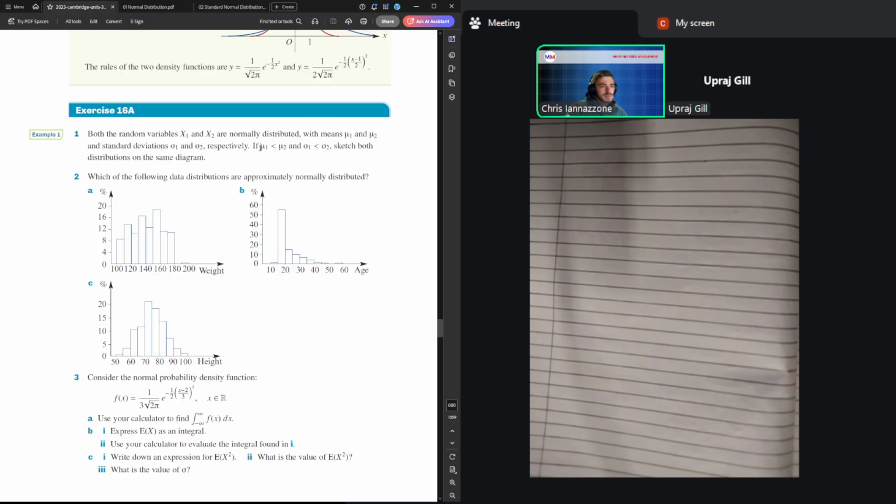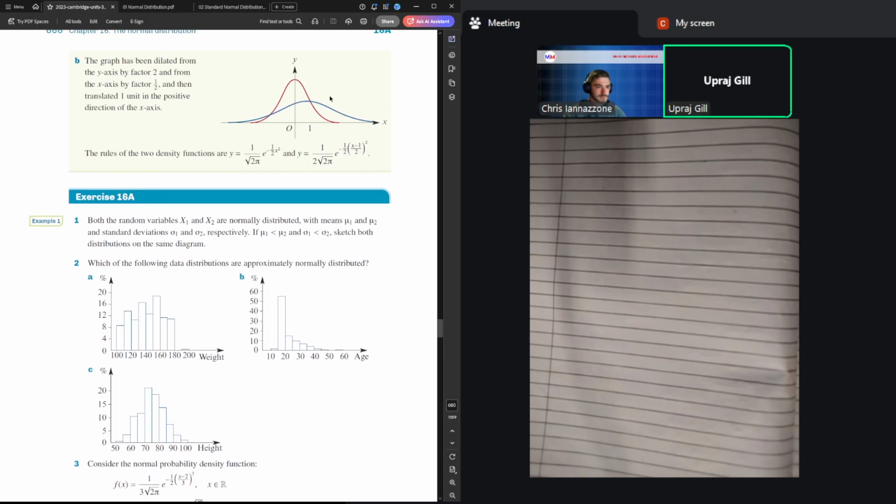If the first one has a smaller mean than the second one, what does that say about the relationship between the graphs? If one of the means would be larger, then that means the standard deviation should be smaller because when the standard deviation is larger, then the graph has to become shorter to accommodate for the height.